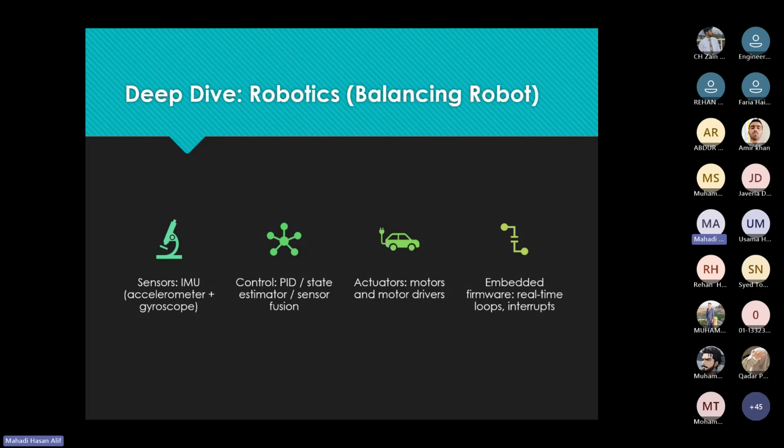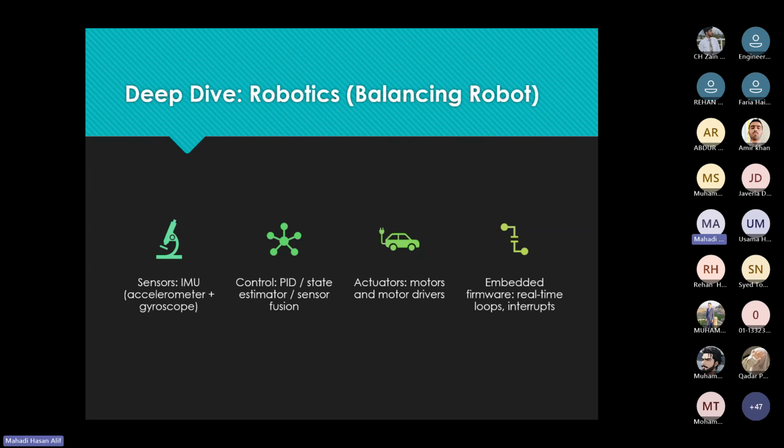We can filter the sensor data, and we decide what we want to do with it. In the next step, we convert the algorithm outcomes into actionable work, which are actuators. So we are converting the outcomes of the control algorithm into the outcomes of the motors and motor drivers, which will actually drive the robot.